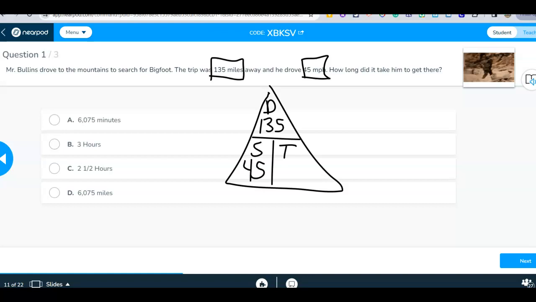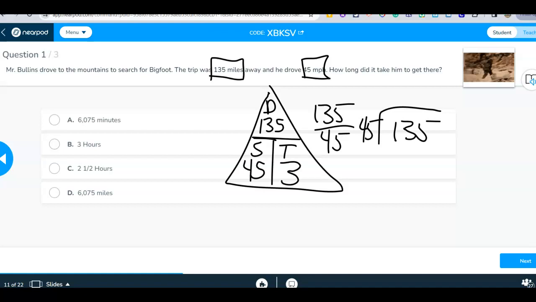Now listen, if you look inside the triangle, you've got to cover up the T. I see 135 over 45. What does that mean that I should be doing? What is the division? Blaine. Not the answer. What's the division I should write? How do I read that? 135 divided by 45. And Sydney, when you did that on the calculator, what'd you get?